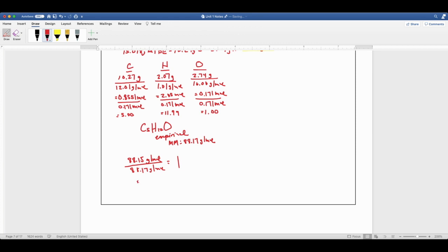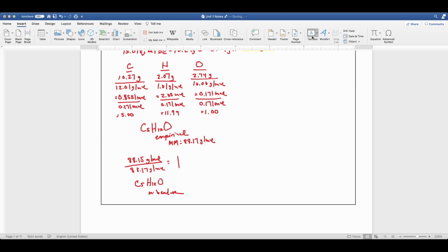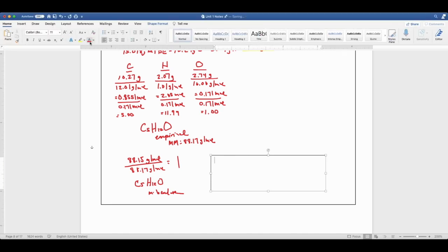So let's write here C5H12O is also the molecular formula. Let's insert a little text box here, not a vertical one, so we can make a little statement there as to what was going on. So let's see. The question is asking, what is the molecular formula of MTBE?